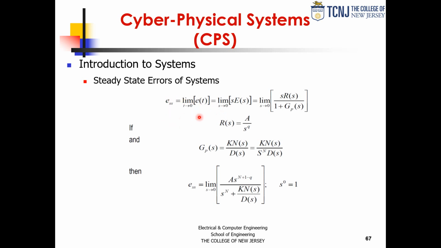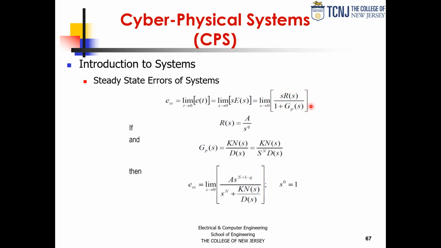So we can take the limit of the time expression of the error, which is the difference between what we want and what we're really getting. And if we do that in the transform domain, that becomes the limit as s goes to 0 of the error expression, which in terms of the input and the open loop response is this expression over here.